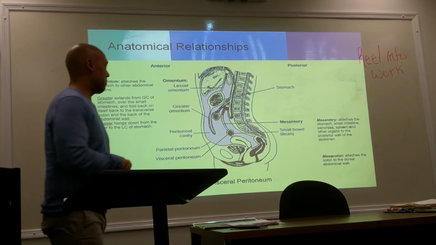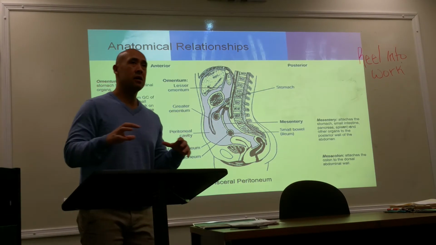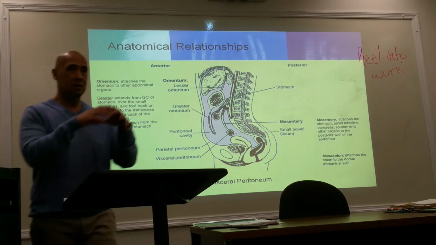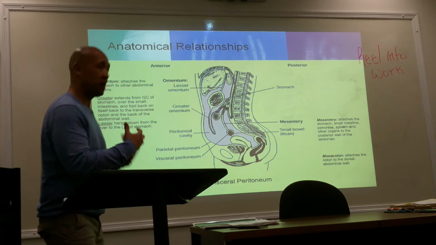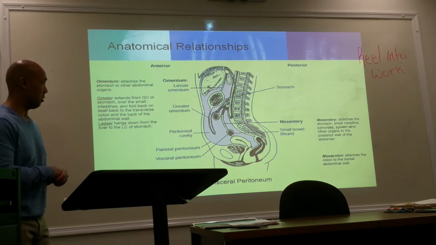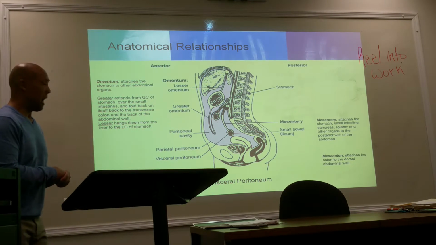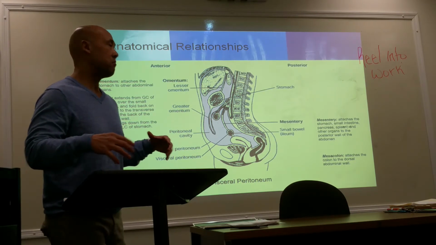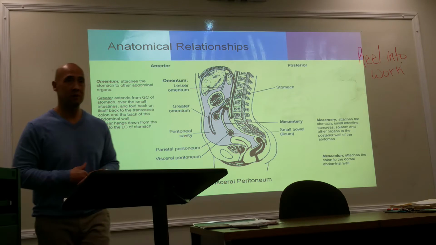Within the abdomen, the peritoneum, again, the double-walled peritoneum, which covers the walls and some of the organs, they have certain names depending on what their function is within the abdomen.